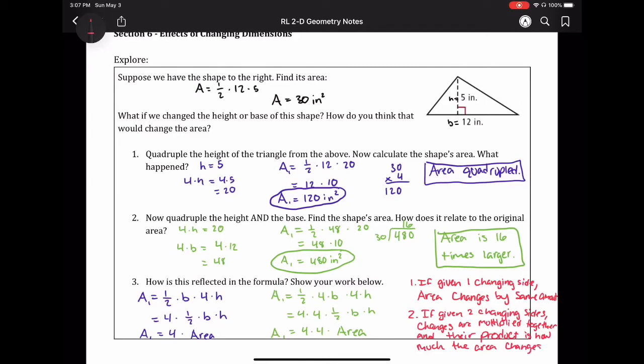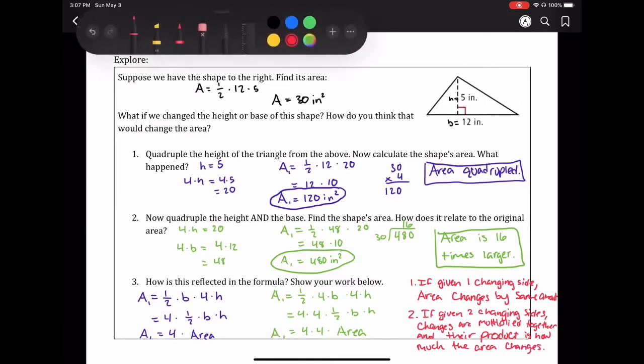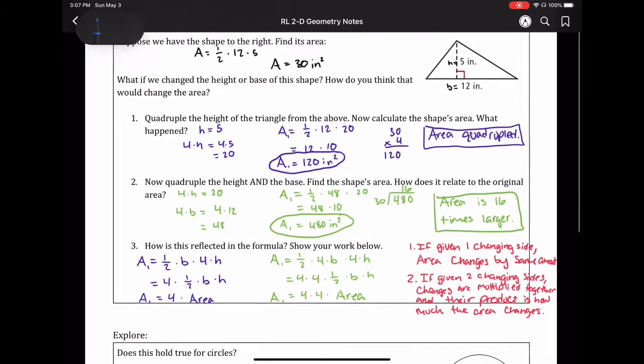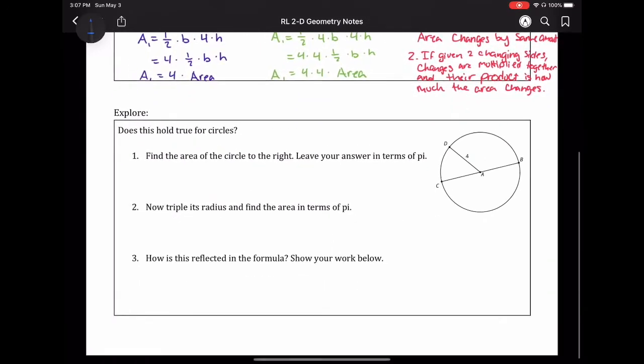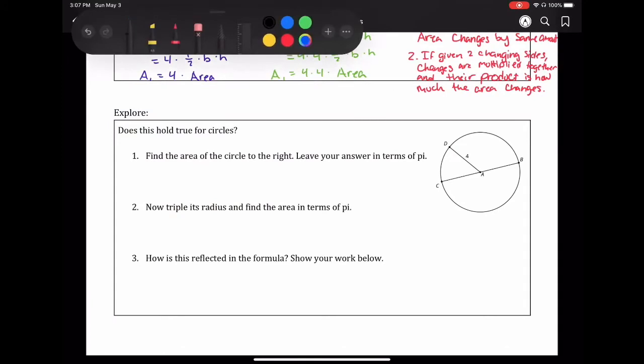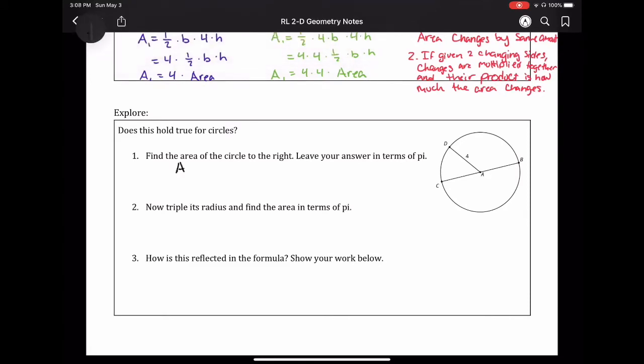This covers what happens when you're working with most 2D shapes, but what happens when you're working with circles? Our second Explore box says, does this hold true for circles? Well, the first thing we want to do is find the area of the circle. And we're going to leave our answer in terms of pi this time. So we have area for a circle is equal to pi times the radius squared.